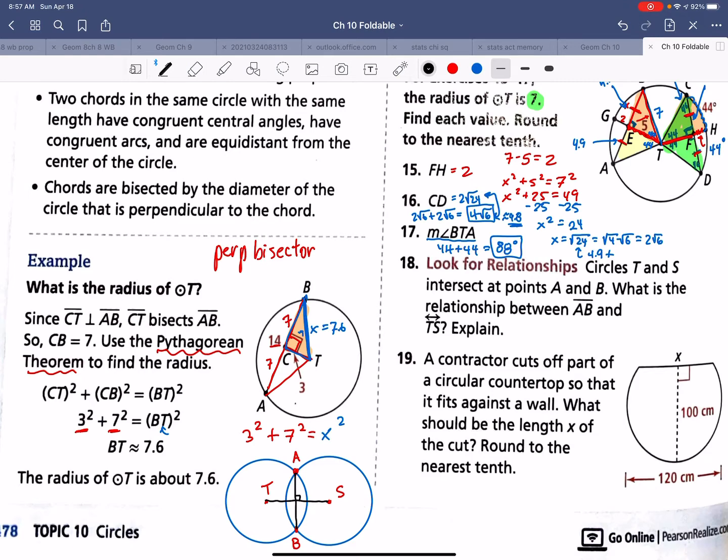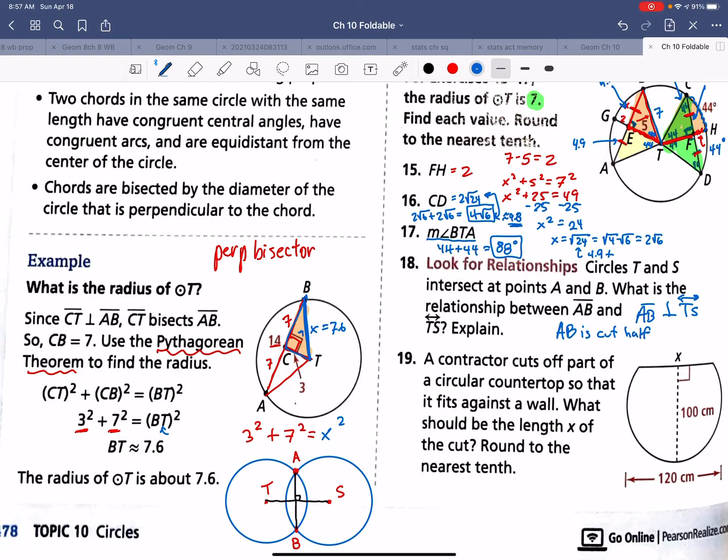Definitely AB gets cut in half. AB would have to be perpendicular to TS, and AB is cut in half, right? It's a perpendicular bisector.